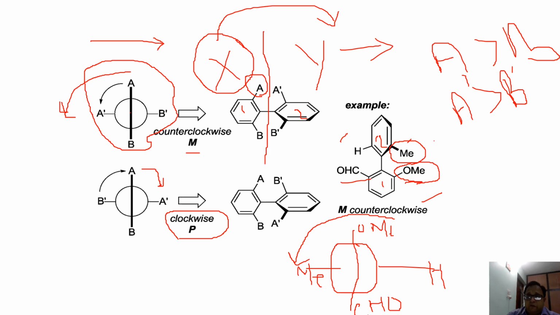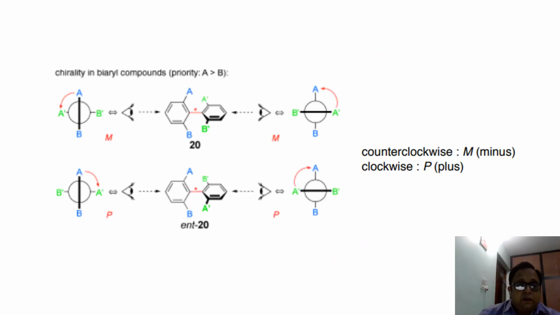To simplify this, let's see this here. This representation has been shown with different colors. The groups that are near to the viewer are represented by blue color. The groups that are away from the viewer are represented by green color.